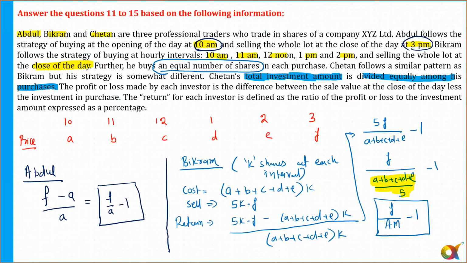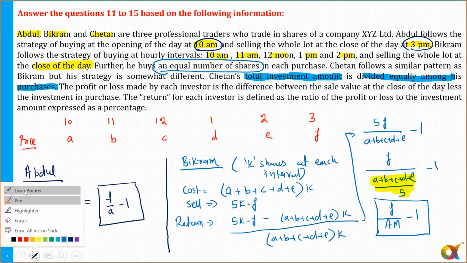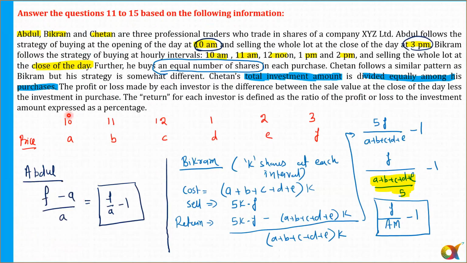Let me take a laser pointer and explain it to you here. You can see at 10 o'clock the price per share is A, and if we invest rupees P at 10 AM, the number of shares bought is equal to P by A. At 11 AM, the number of shares bought is equal to P by B. The number of shares bought at 12 is equal to P by C and so on.